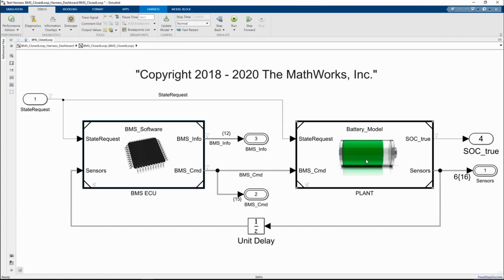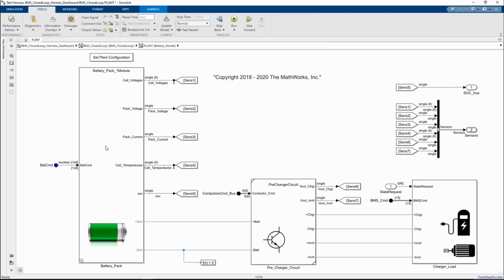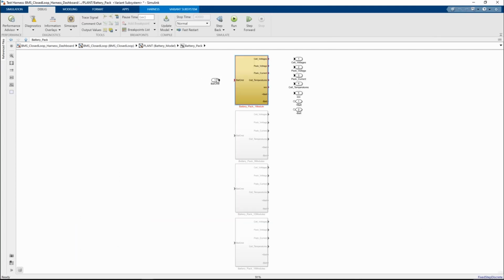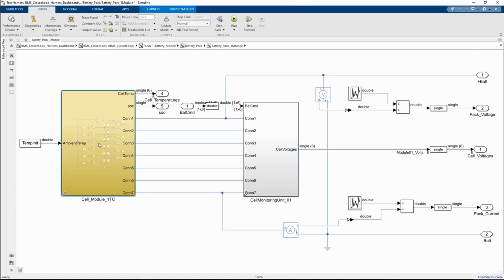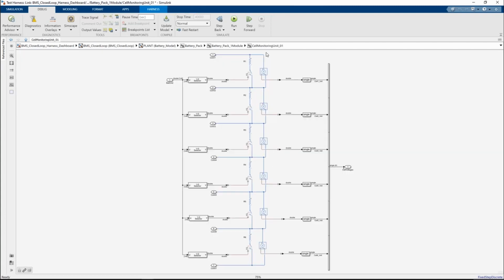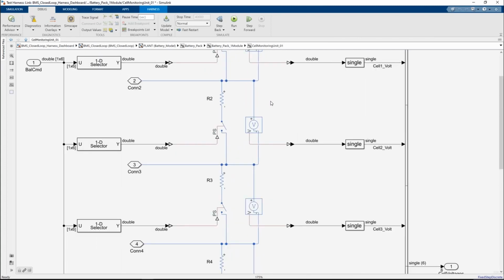As I already mentioned in the battery plant model, next to the battery pack, there is a subsystem with the passive balancing circuitry. So the excess charge from the cells on top is led through resistors connected in parallel with each individual cell.